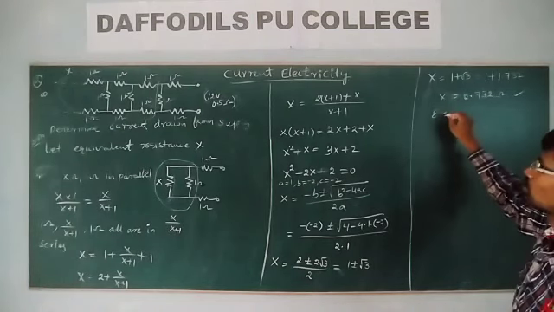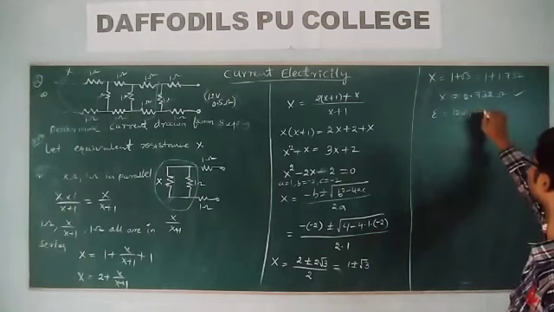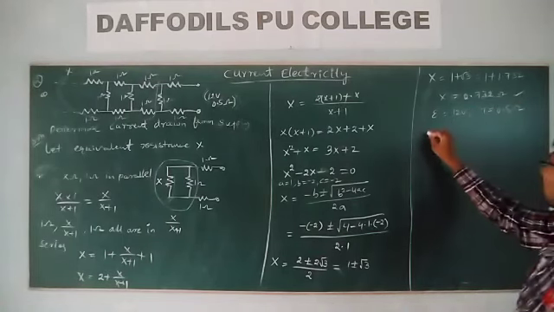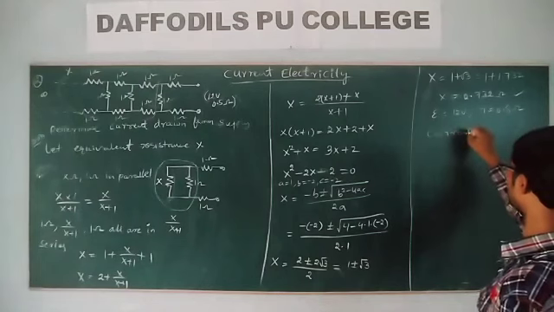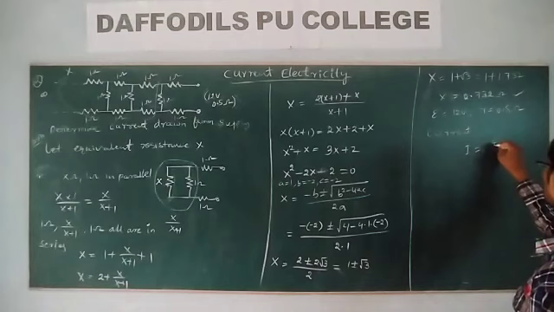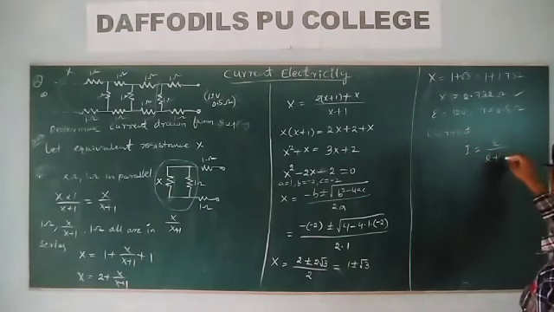But given EMF is equal to 12 volt and internal resistance is 0.5 ohm, then the current drawn from this supply, current I, is equal to E by R plus r.